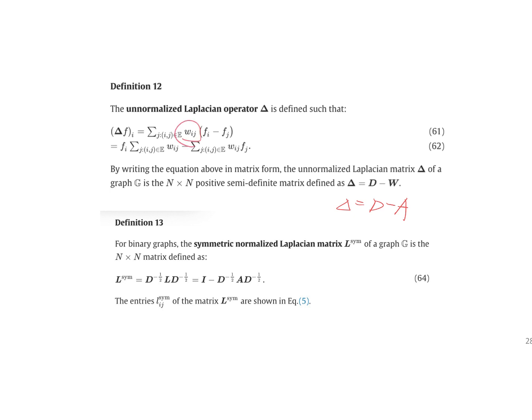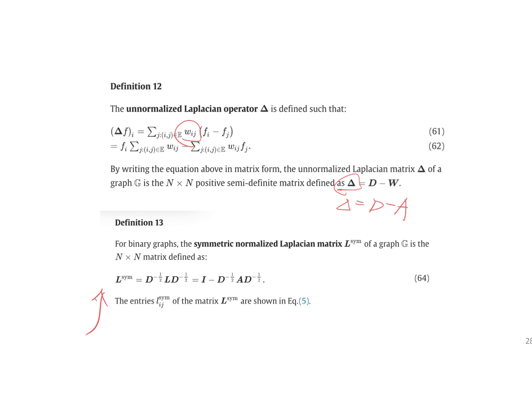If you put the weight on the adjacency matrix, you can also get a sense of distance. The graph Laplacian would then be related to D minus W. And you can also create a normalized version, the symmetric normalized Laplacian matrix, which can also describe the relationship among the different nodes.